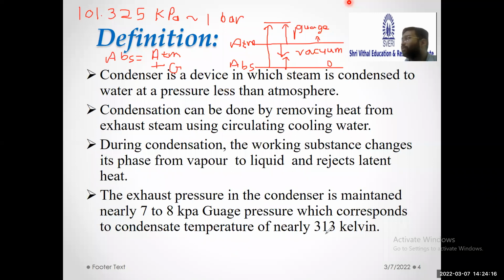Simple math, minus 273. Yes, 40 degrees Celsius. So at 40 degrees Celsius and 7 to 8 kilopascal gauge pressure, how much is the absolute pressure? Can anybody tell? How much? 9 point?